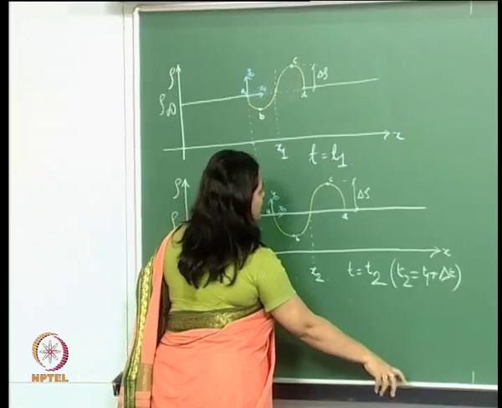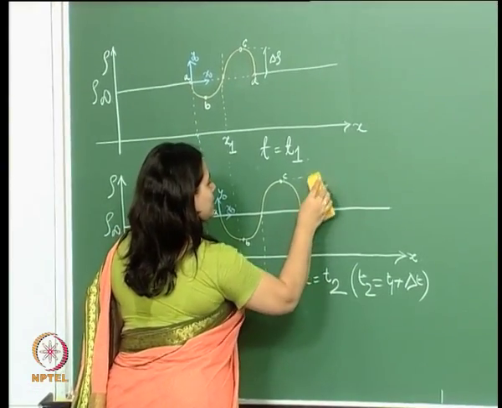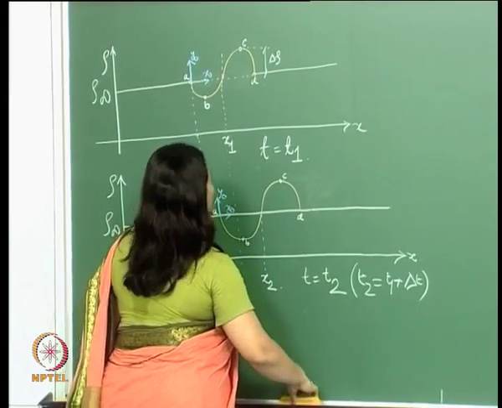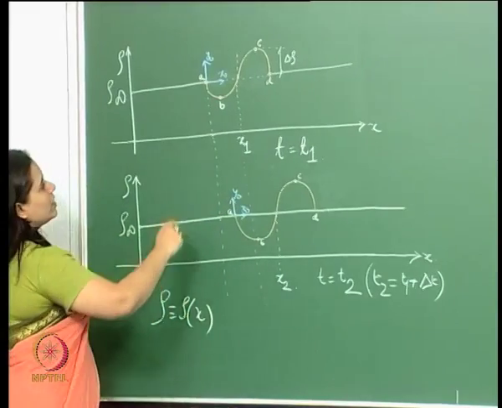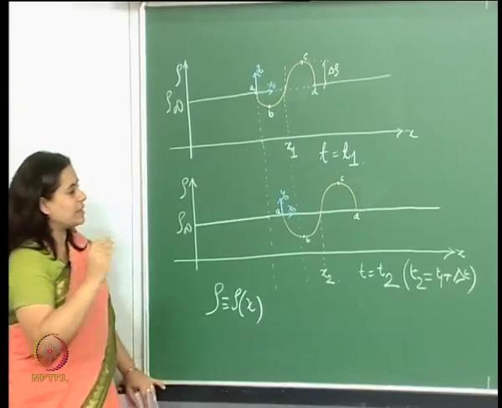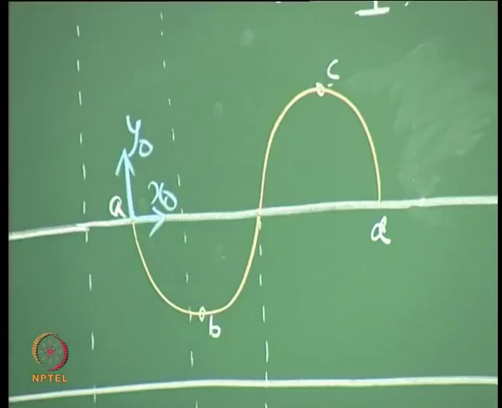So, how will this picture look like? Let us do this. You can probably guess. As I just said, when moving from here to here, these particles B, C and D are in exactly the same respective position with respect to this coordinate system.